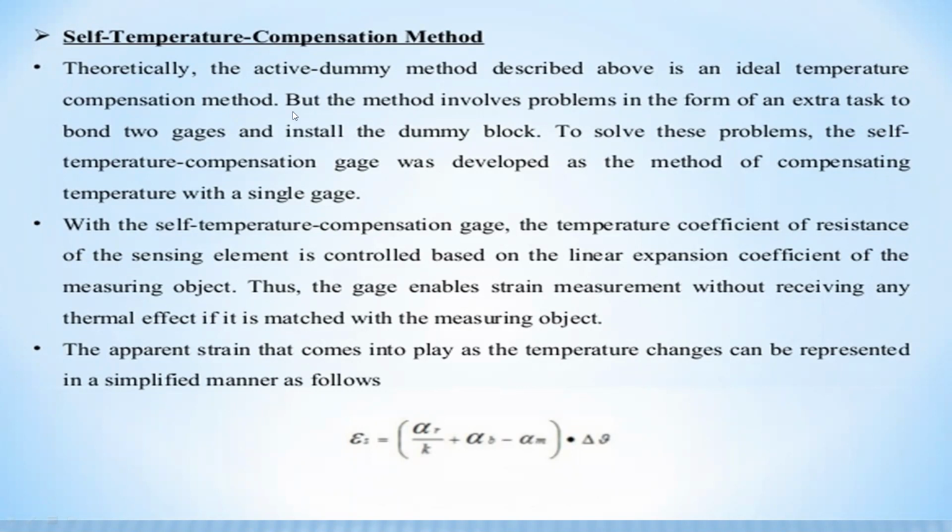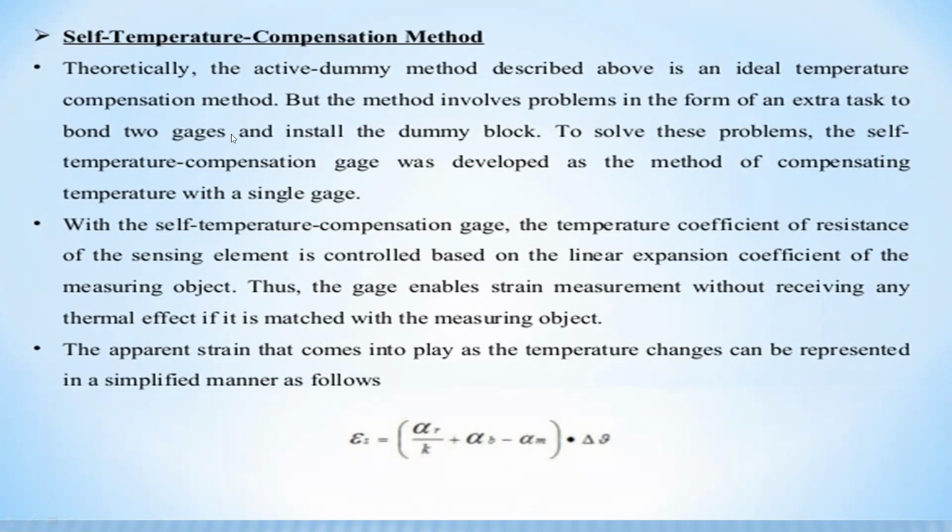So how much temperature is developed on those strain gauges? We are using the active dummy method. That means one is an active strain gauge and another one is a dummy strain gauge. In the dummy strain gauge, we can measure how much temperature is developed, we can calculate it, but we can avoid these two different types of strain gauges.